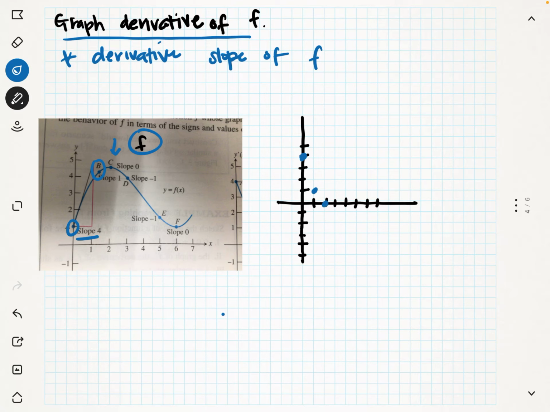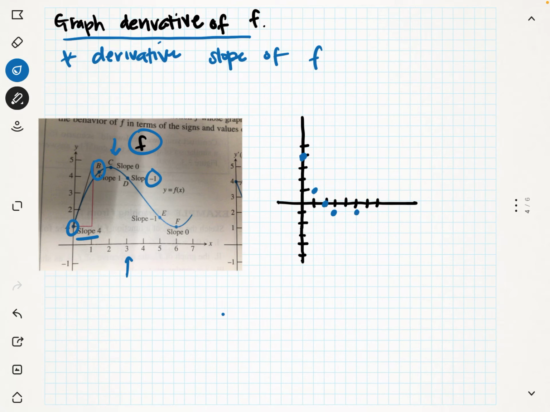So we're just plotting the slopes at each of these values of x from the f. All right, so at point D, slope is -1. At point E, which is 5, the slope is still -1.